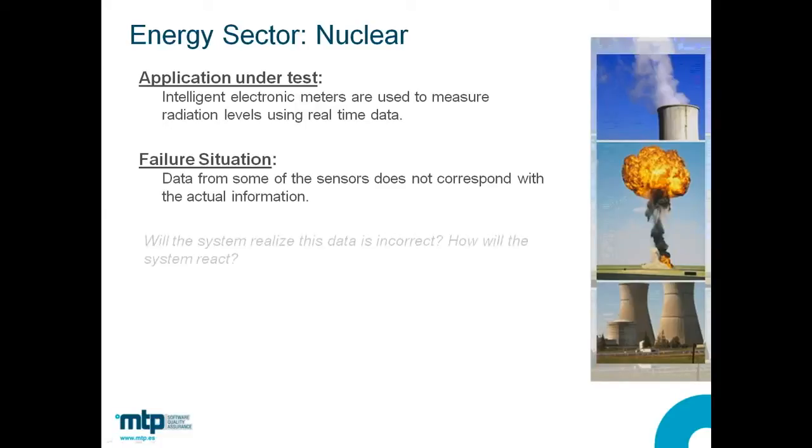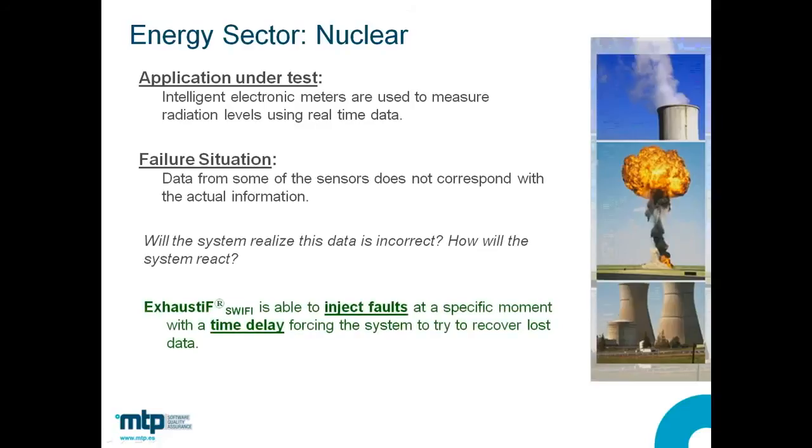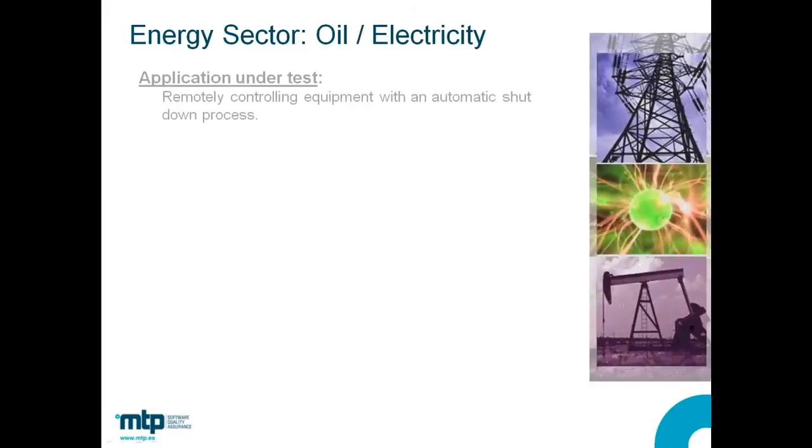Will the system understand that this data is incorrect? Failure in a nuclear plant can have catastrophic consequences. Therefore, it is highly important to assure the reliability of the software being used. With Exhaustif SWIFI, it is possible to specify the exact instant when the fault will be injected, as well as the duration.